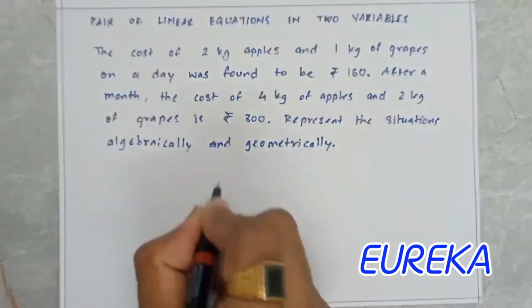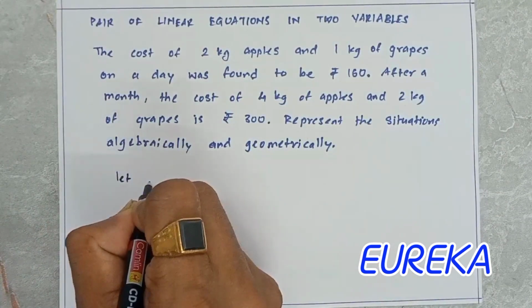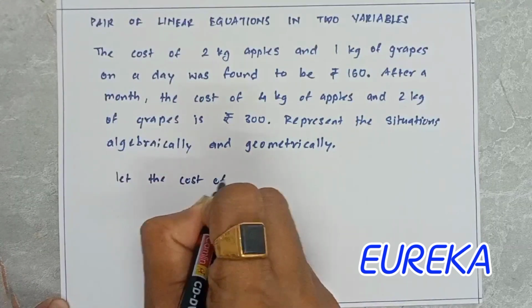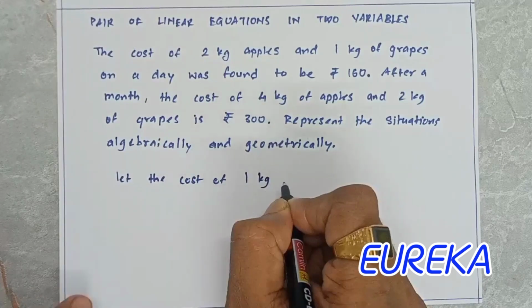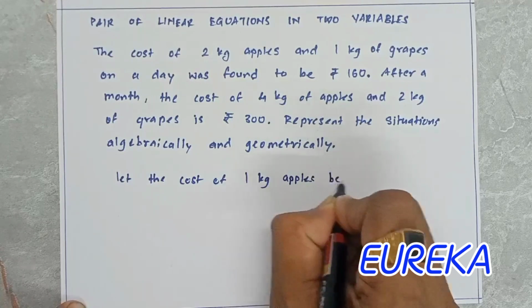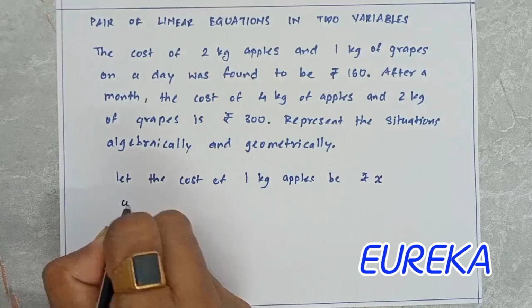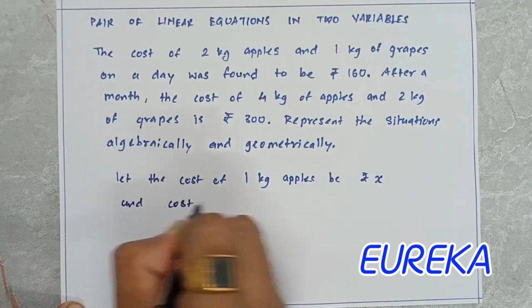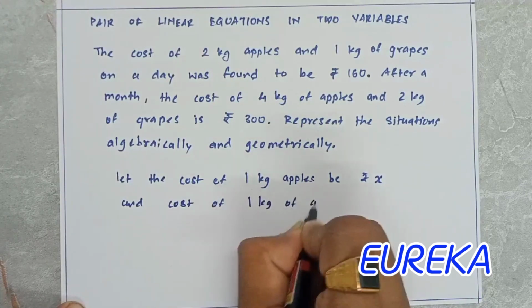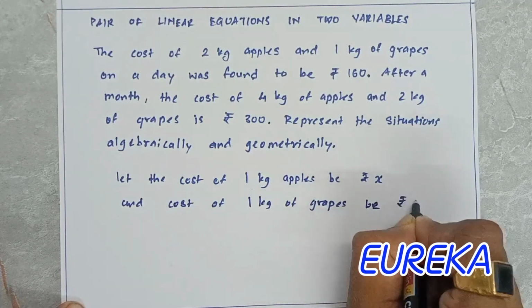So we first consider the variables. Let the cost of 1 kg of apples be rupees x and the cost of 1 kg of grapes be rupees y.